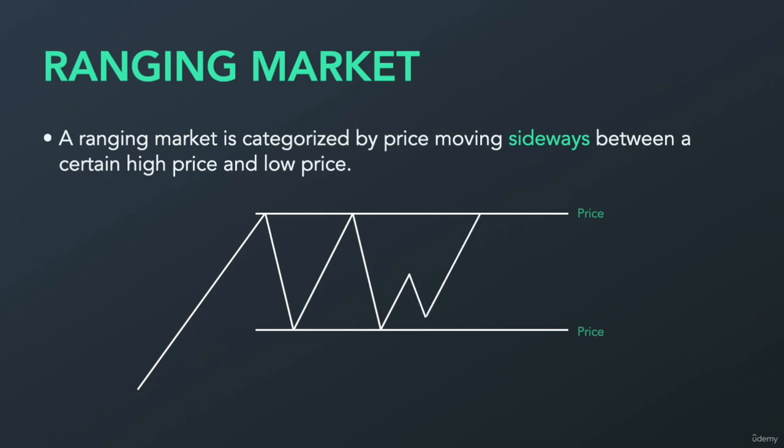So now we can assume whenever price reaches this level, it can get rejected and move the price back towards this low price. Okay? So once price reaches this low price, we can assume that it can bounce from this level and move back again to this high price. All right?